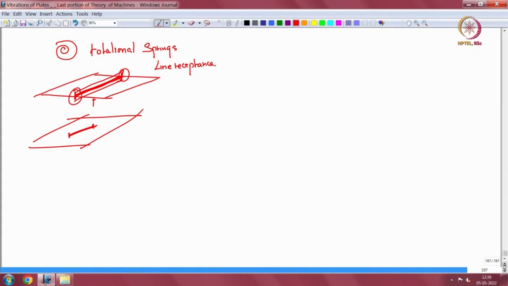Then you can have line moment connections. You have two plates connected through rotation over the entire edge. That can be done.